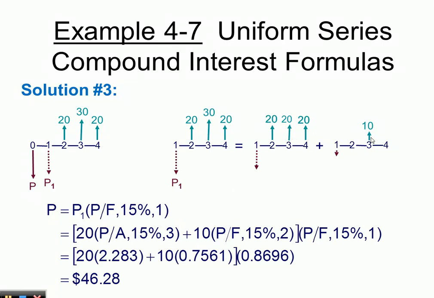And here, this is a single payment over 2 years. Plugging in the discount factors that we found in the book, multiplying and adding everything together again leads us to $46.28, just like we would expect.